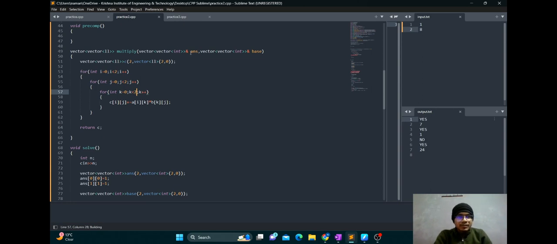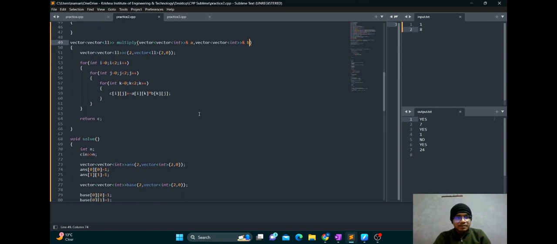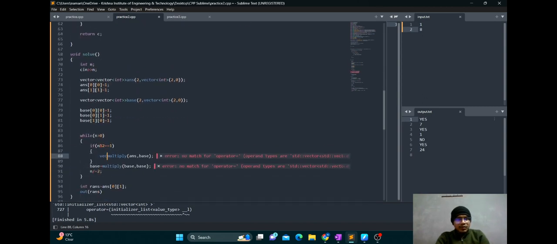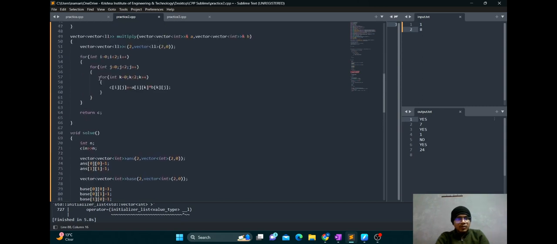Let's make it A and B, not answer and base: matrix A multiplied by matrix B. No match for operator equal to. Answer equal to this. Make a vector of vector, no, here we have to put int. We are returning an int vector.